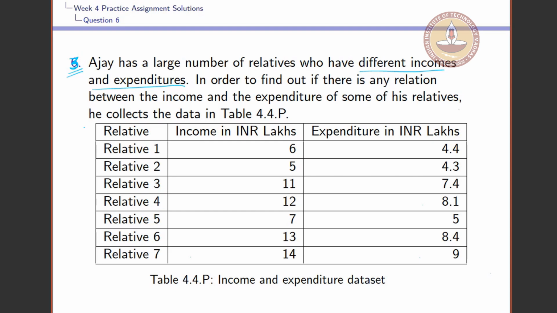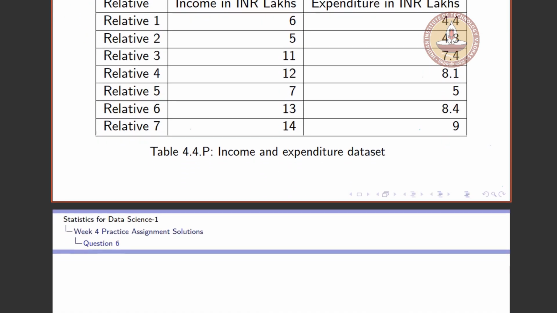So Ajay has collected the data from 7 of his relatives to find out if there is any relationship between their income and expenditure. This is the list of the relatives. Income is given in this table and we have expenditure here.